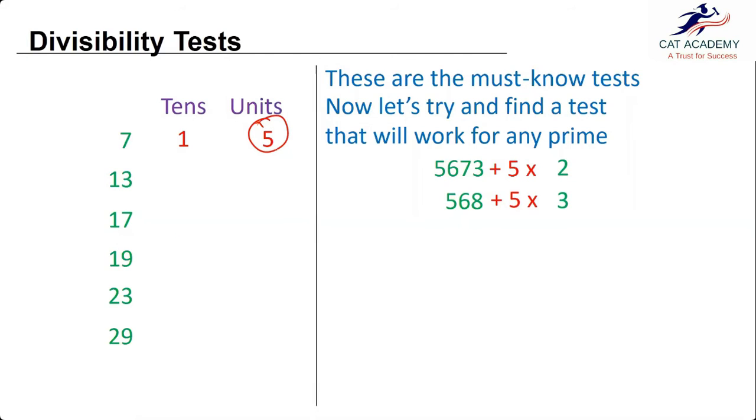What do I get? 583, correct? Repeat the process. Separate the last digit, multiply by 5, add it with the rest. What do I get?